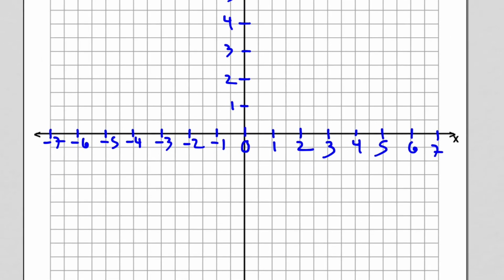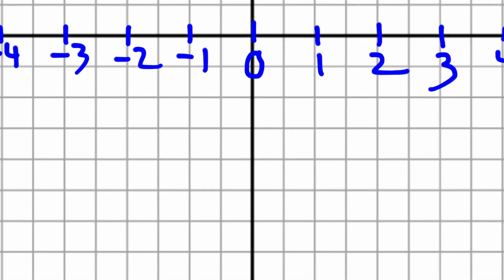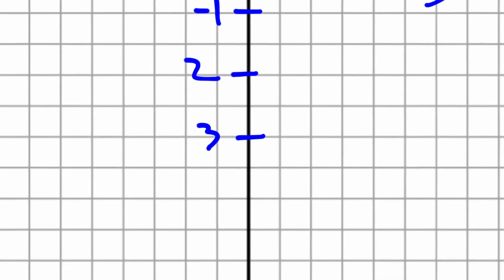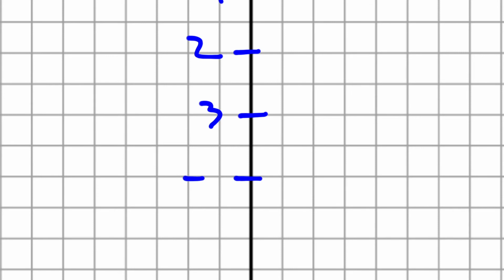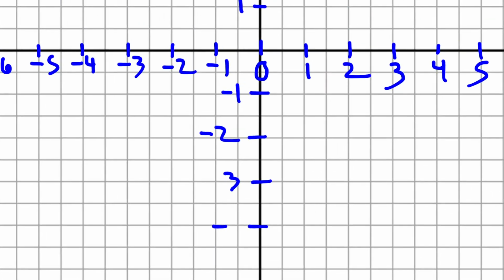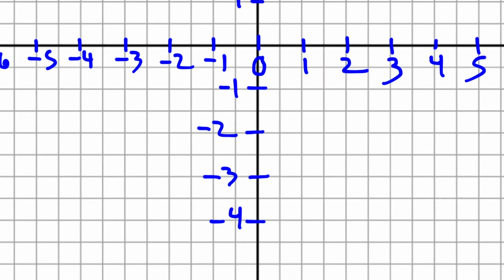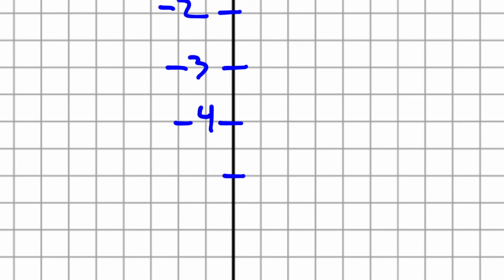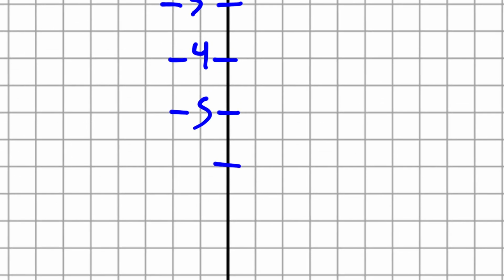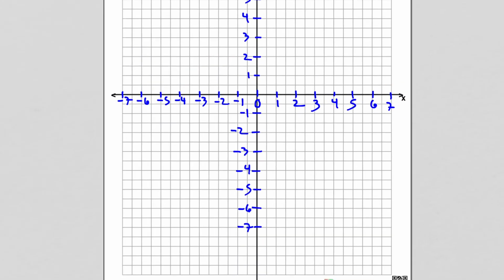And my negative values below 0, -1, -2, -3, -4. Oh, I've got to make sure I label those negative. -4, -5, -6. I think -7 is good. I think that's as far as we need to go.